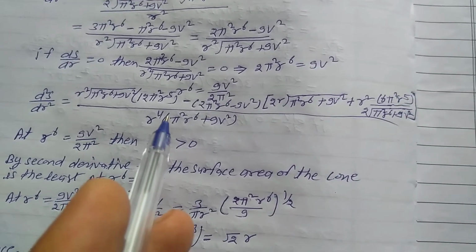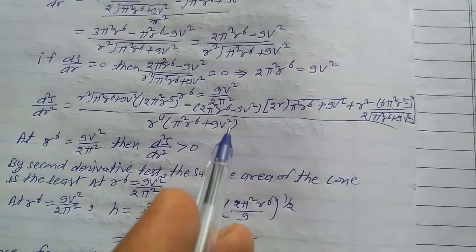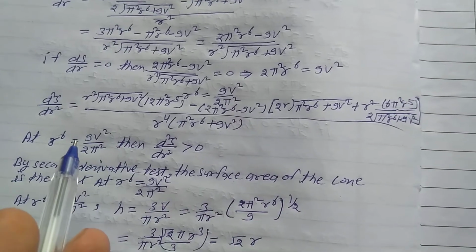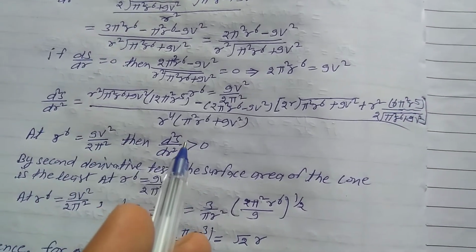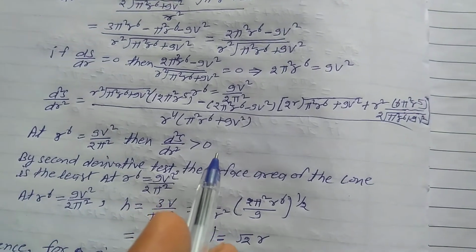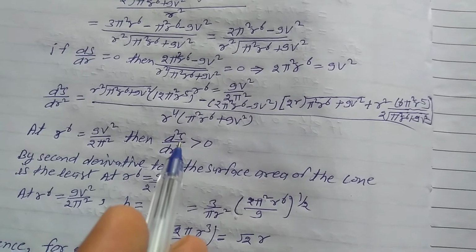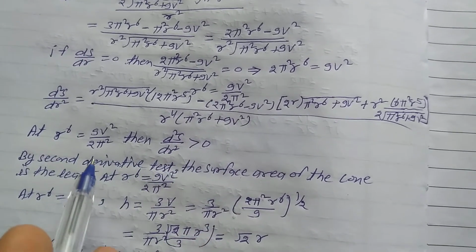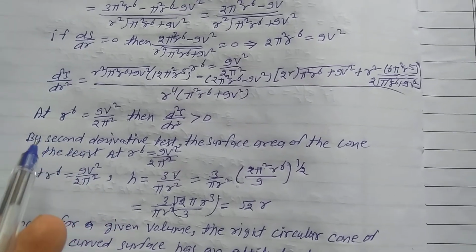All upon the denominator, r power of 4 times the bracket of pi square r power of 6 plus 9V square. At r power of 6 equal to 9V square upon 2 pi square, d2S upon dr square is greater than 0. If this relation is put in this equation, definitely it is greater than 0, so this is the minimum, least value condition.